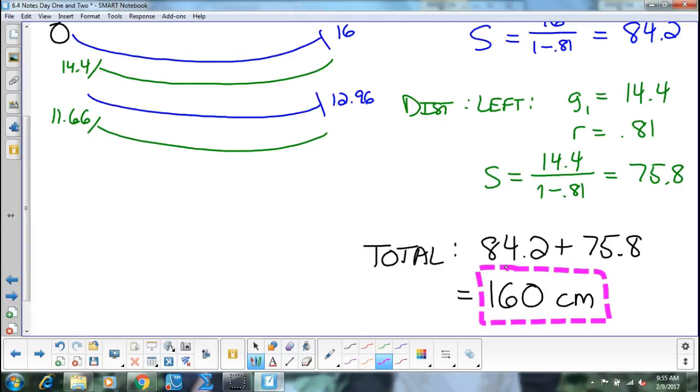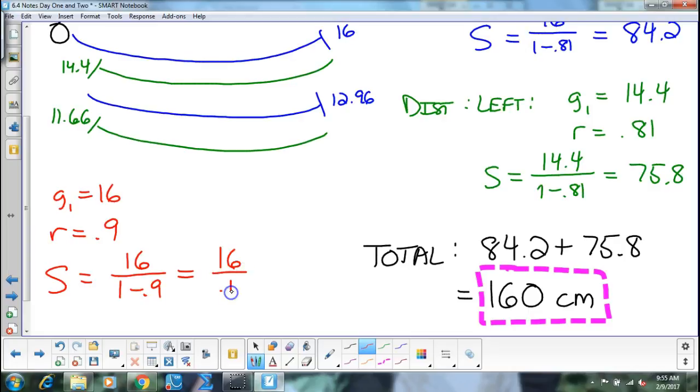If you take the whole thing as a series, your G sub 1 is 16, your R is 0.9, and your sum is going to be 16 over 1 minus 0.9, which is 16 divided by 0.1, which is 160.